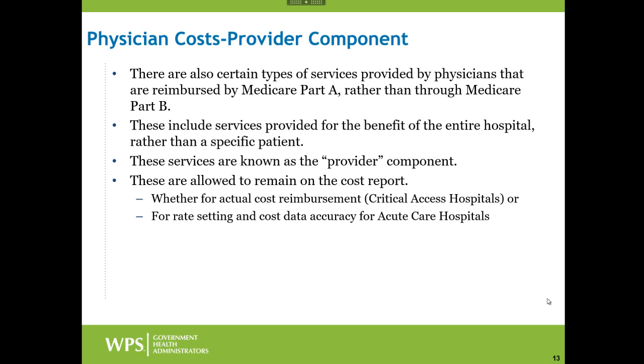Now, by rate setting, what I mean here is when CMS sets the DRG payments, the diagnosis-related groupings, then they're going to use cost data to determine what those rates should be down the road. So if there is more cost in several hospitals in certain areas for certain services, then that may have an impact on the DRG payments down the road, the prospective payments.